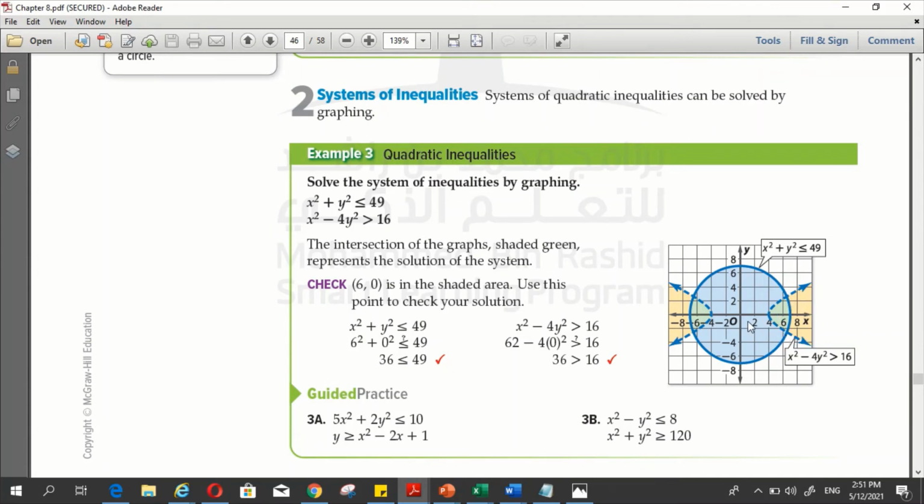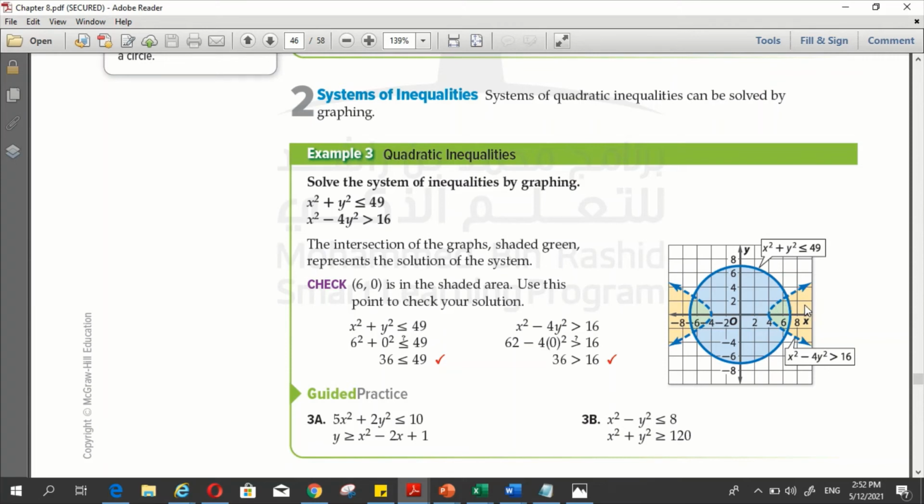Now after graphing the circle, for example, I will take 2 points if you are graphing manually, one of them outside the circle, one of them inside, and substitute them in the original inequality to see which one of them is correct. If the point which I took from inside the circle is correct, then I'll say that my solution region for the first inequality will be inside the circle.